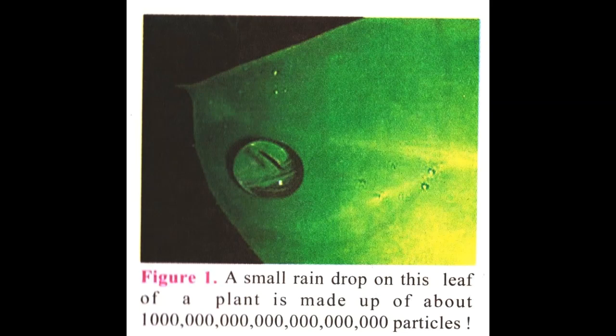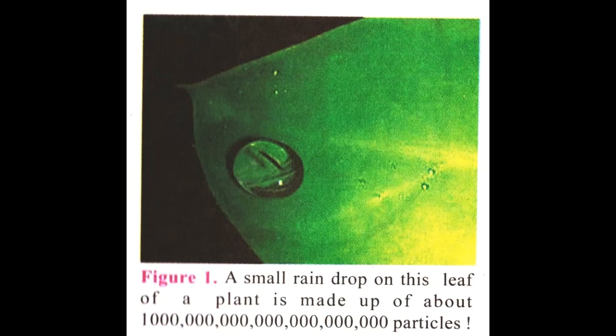You will have some idea about the smallness if you look at this picture. It is a little small drop of rainwater on a leaf. Even this rainwater drop has, you see the number, can you count how innumerable?